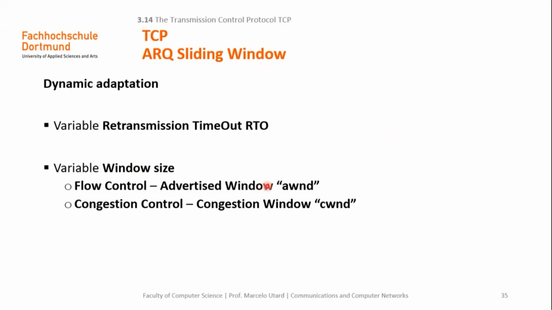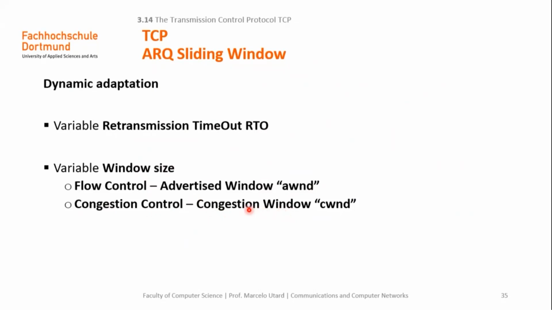This advertised window size is the window size that is coded in the window field of the TCP header. But there is another window size that could be used, that is the congestion window.